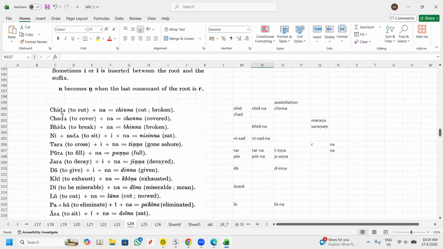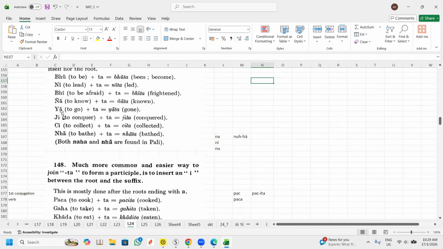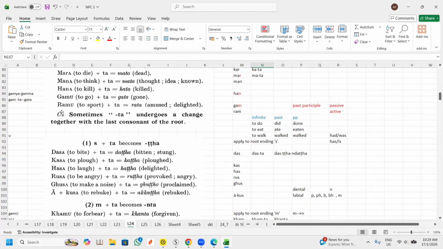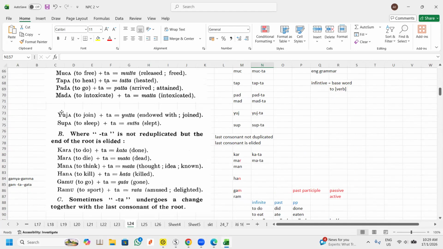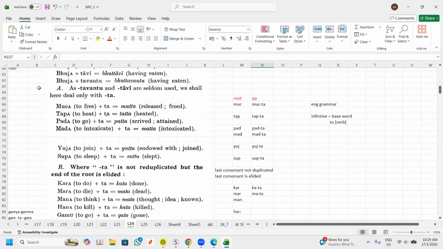This ending with D, ending with D, you see, this one ending with D. Just now, remember, if you look at here, plus na cannot be plus ta already. Ending with D, CPD, this one, duplicate.